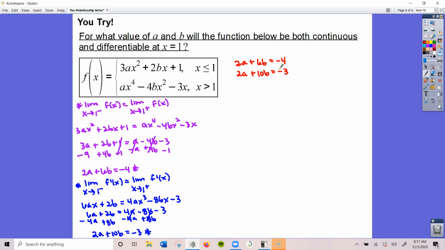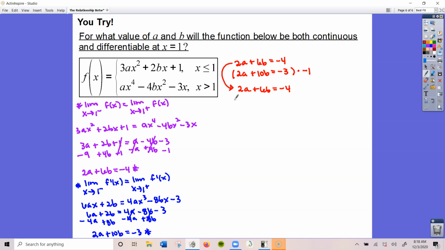Again, you can solve this using substitution or elimination. In this particular case, I would prefer to use elimination only because I see here that I have 2a and 2a. So if I multiply one of these equations by negative 1, the a's would cancel. I'm going to multiply negative 1 to this bottom equation. I'm going to keep the top equation, so I'm just going to rewrite it: 2a plus 6b is equal to negative 4.